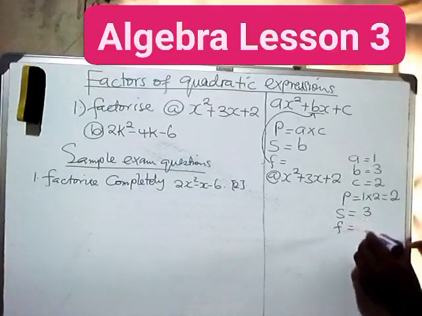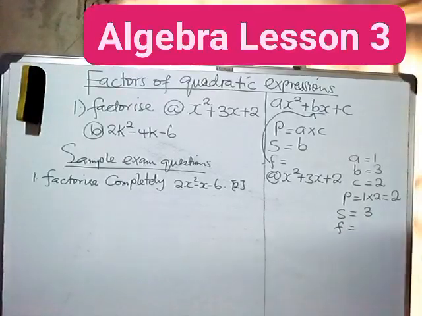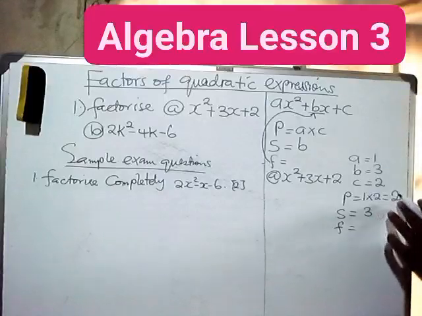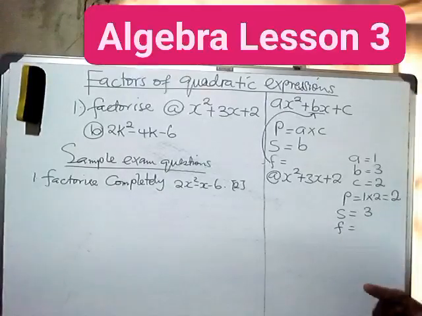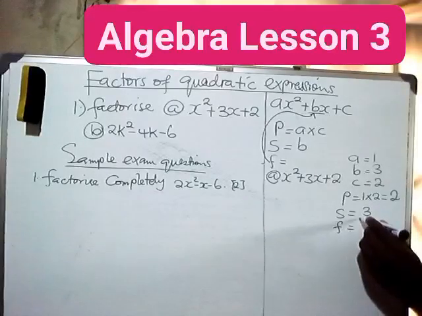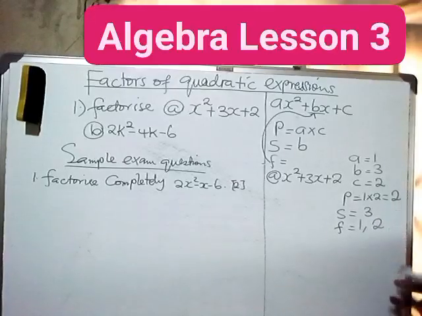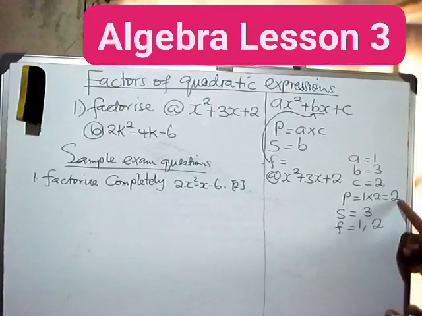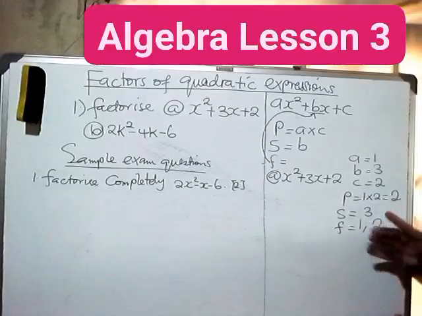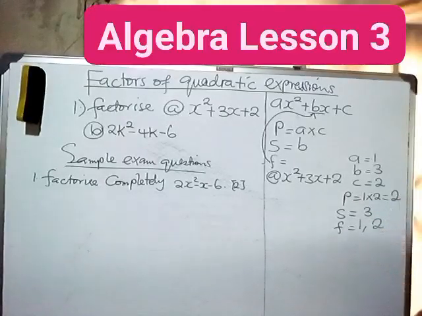And the factors are two numbers which, if you multiply them, you get 2, but when you add them, you get 3. What do you think those two numbers are? Those two numbers are 1 and 2, because 1 times 2 gives a product of 2, but 1 plus 2 gives 3.